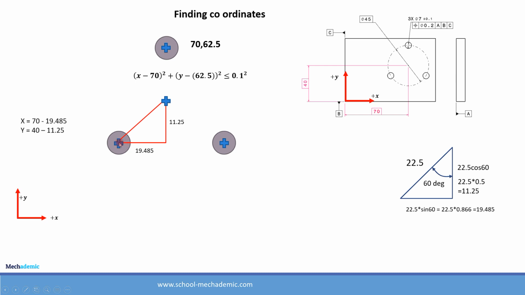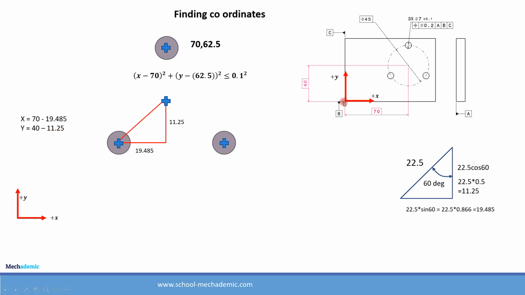So the coordinate of this point in x is 70 minus this distance, which is 19.485. From this point to the y axis it is 70, and if we subtract 19.485 we get the distance of this point from the y axis, which is 70 minus 19.485. On the y axis the distance is 40 minus 11.25.